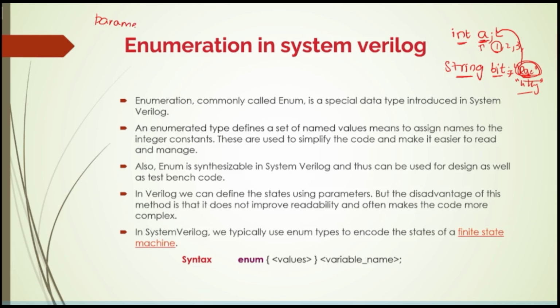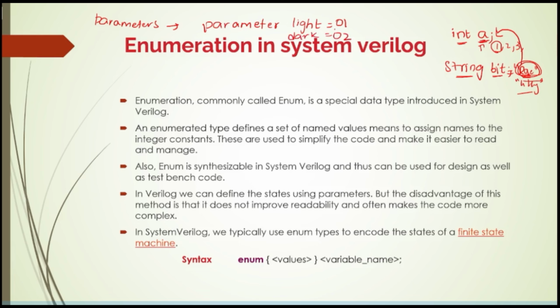When you learn about parameters in Verilog, you would have known that, for example, with a parameter you want to assign light equal to 1. Okay, 1 is the value for light. And then dark, the dark value is 2.